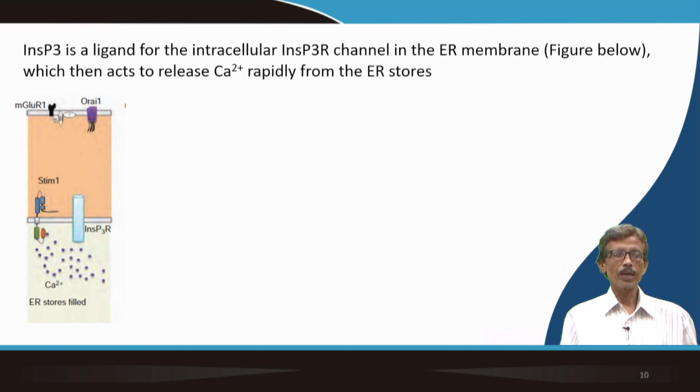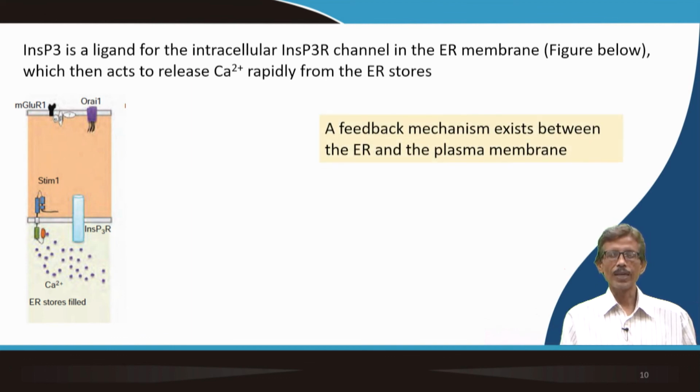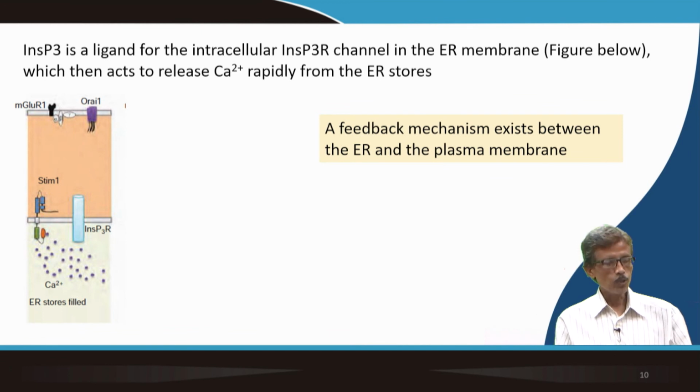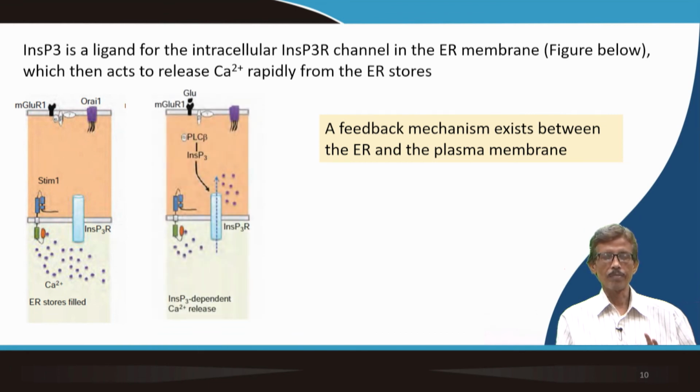So, if you have the ER store filled, then the IP3 receptor will be available. The IP3 receptor is the channel which will allow these calcium ions to pass from one side to the other, and while doing so you can have a feedback mechanism, and that mechanism is responsible for modulating the ER storing within the plasma membrane which is available.